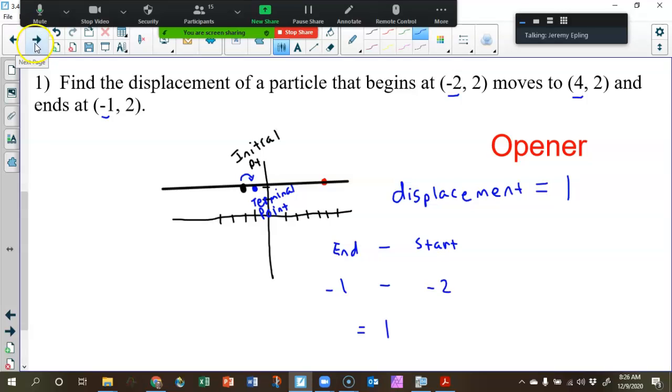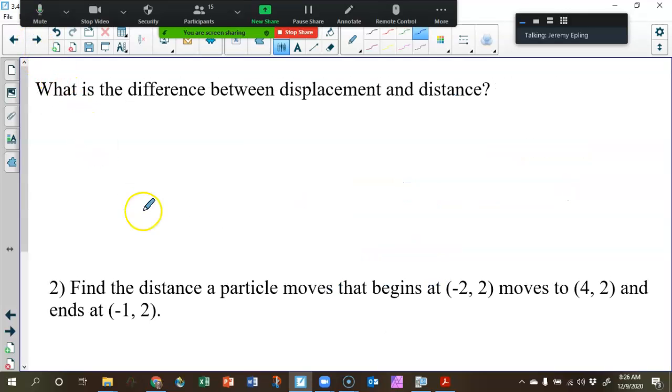Okay, well, let's take that same little problem and let's talk a little bit about distance, and the difference between displacement and distance. Now, distance is something you know a lot about and have done quite a bit of before. Distance is always positive.